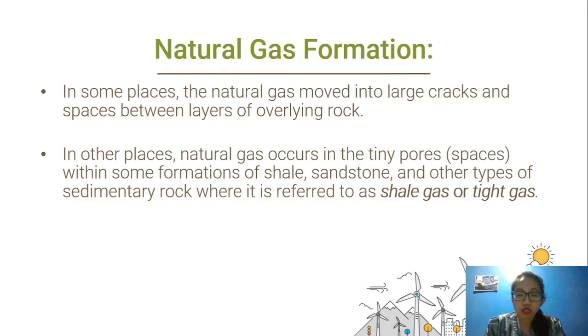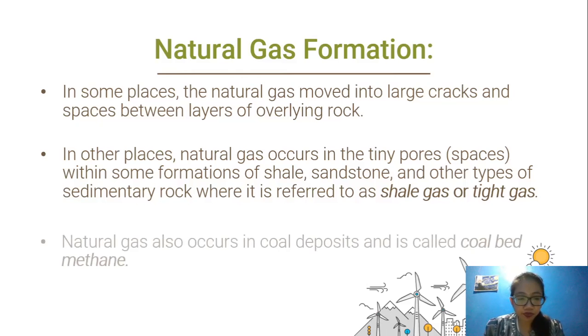Formations of shale and sandstone can contain pores, and those pores may contain natural gas. Those types are called shale gas or tight gas. Natural gas also occurs in coal deposits, as mentioned, and is called coal bed methane.